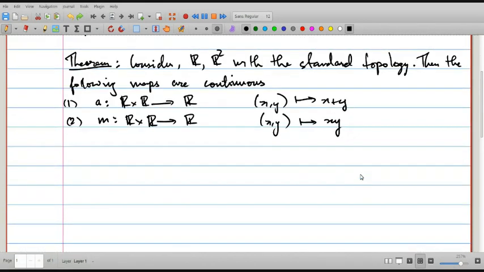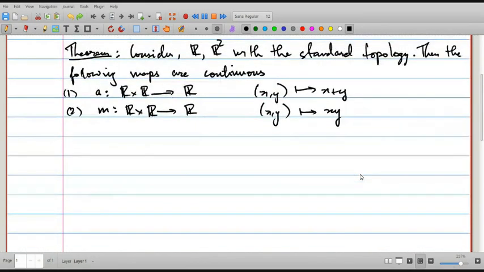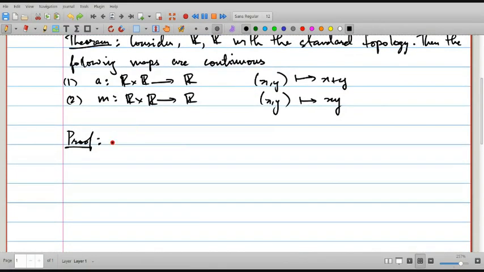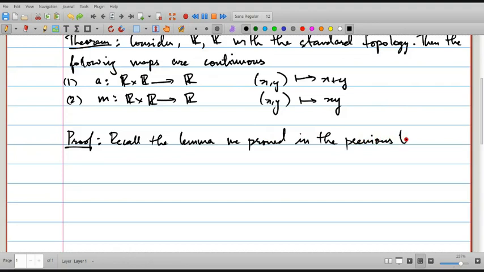So, proof. Recall the lemma we proved in the previous lecture. The lemma is the following.